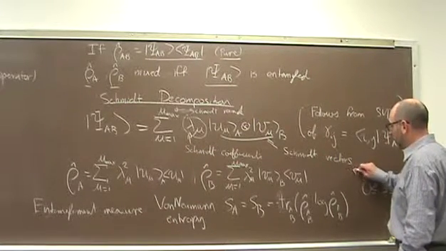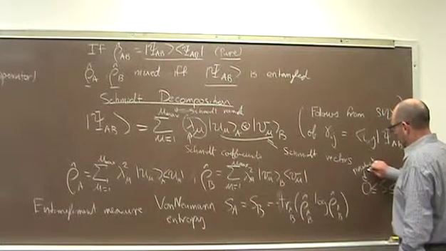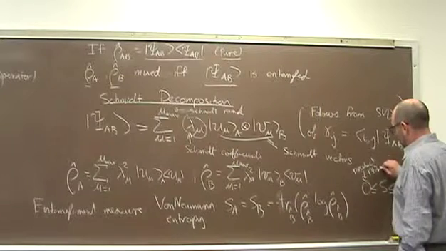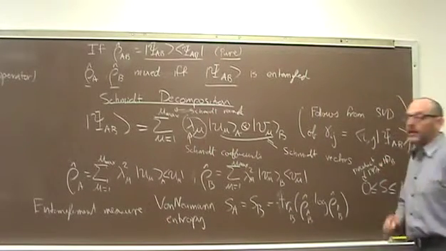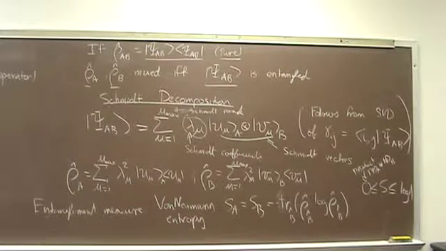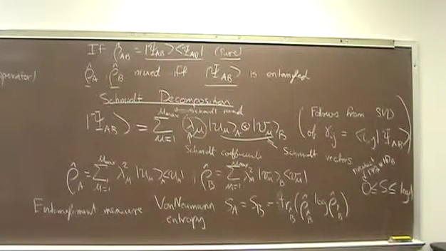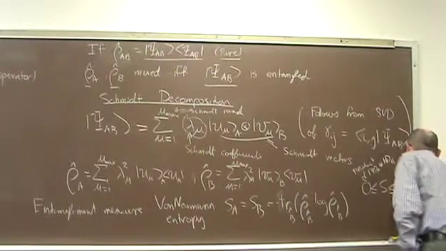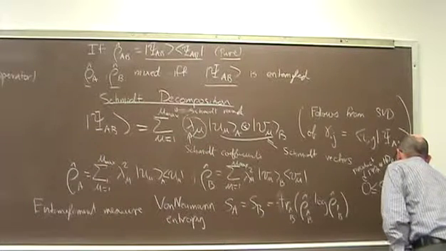This is for a product of the two subsystems. Well, then each subsystem is in a pure state, and so each subsystem has no entropy because it's pure. To the case where we have the maximum entropy, which is what we would call a maximally entangled state.